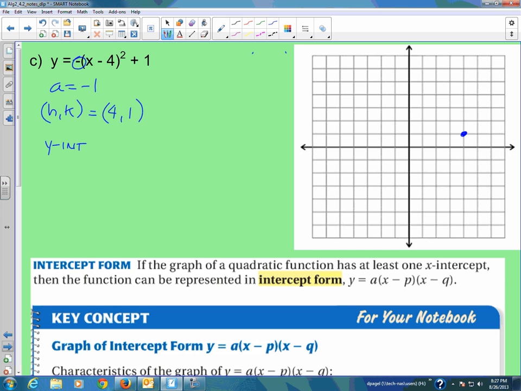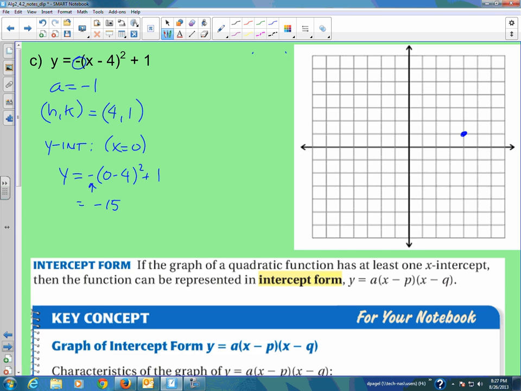Y-intercept, I think we're going to put ourselves off our graph here, but let's just at least see what it is. So y is equal to -0 minus 4 squared plus 1. So -4 squared is 16, and this negative out in front would make that -16 plus 1 over -15. So I'm going to be off of my graph down on -15, and I can reflect on the other side.